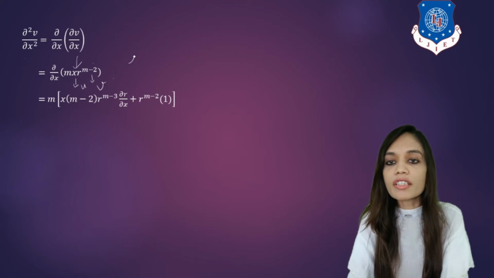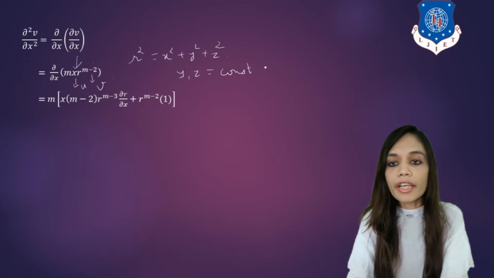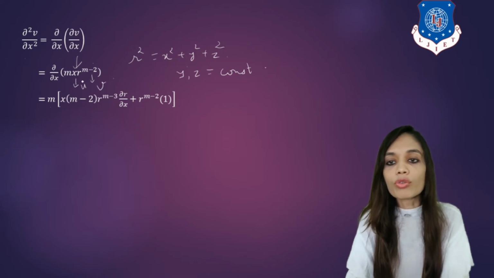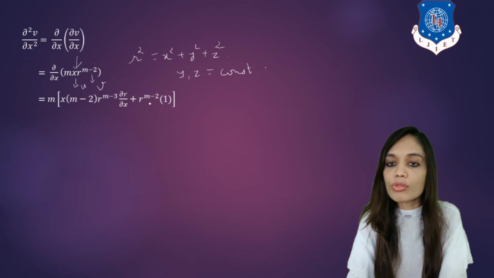But we know what is our r? R square is equal to x square plus y square plus z square. So in this put y and z as constant, right? And apply uv rule. So x will remain as it is and derivative of this will be m minus 2 into r raised to m minus 3 del r by del x plus, keep this as it is, r raised to m minus 2 as it is.